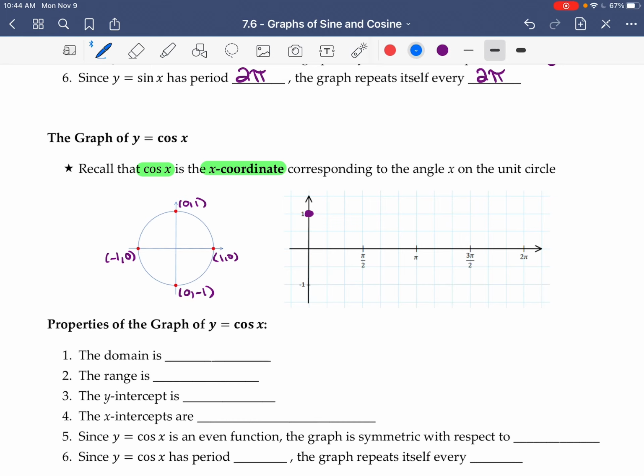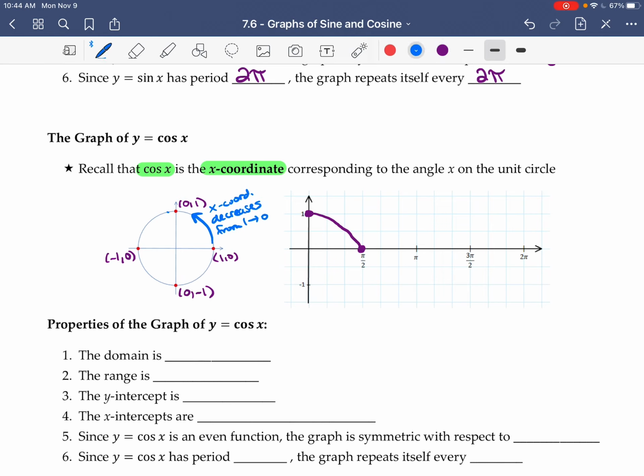And then as we go from here to here, so from 0 to pi by 2, the x coordinate decreases from 1 to 0. So at pi by 2, that's when we're at 0. So we decrease like that.